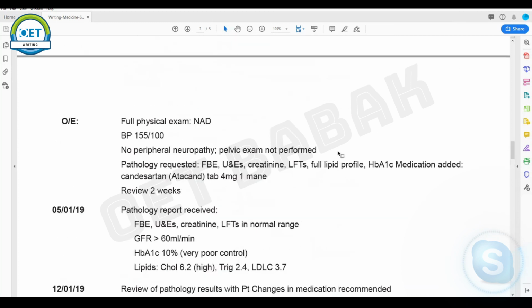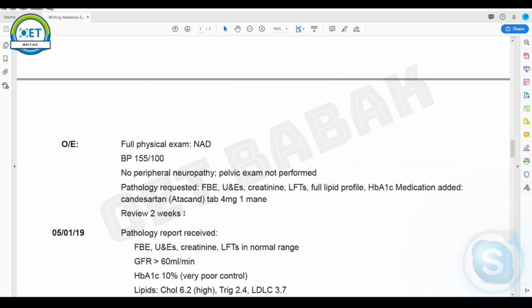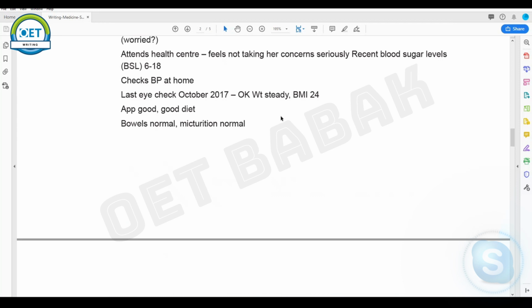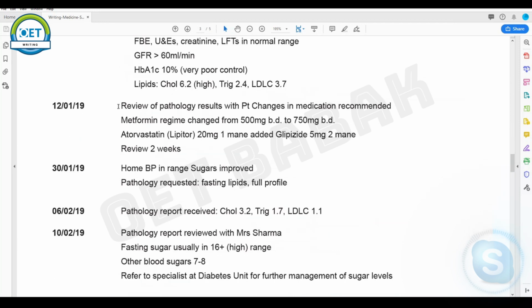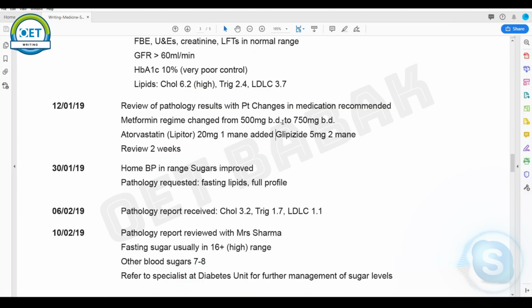Basically, as you can see, this one is a visit with examination and everything. And then here we have a review with patient. Now it could be a telephone consultation, a telephone review, or it could be the patient coming in. If I am the GP, I would actually bring her in to check her BP in any case.